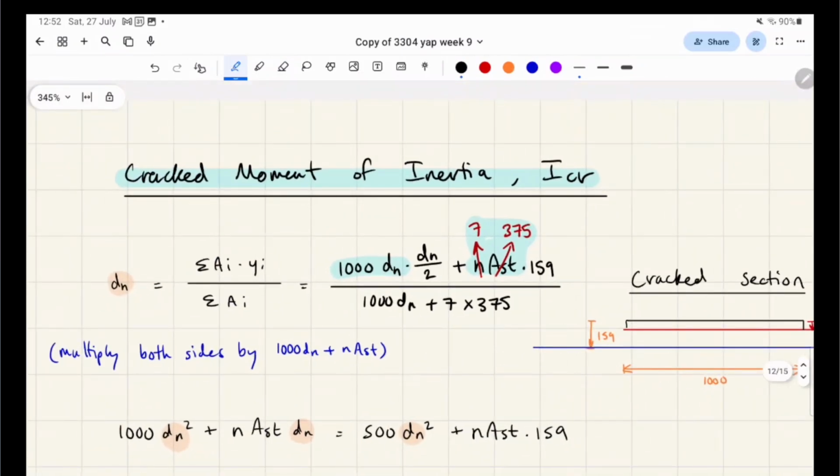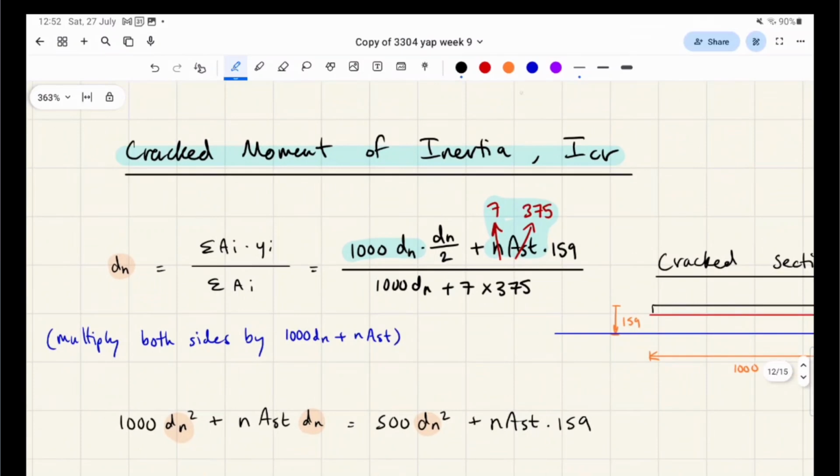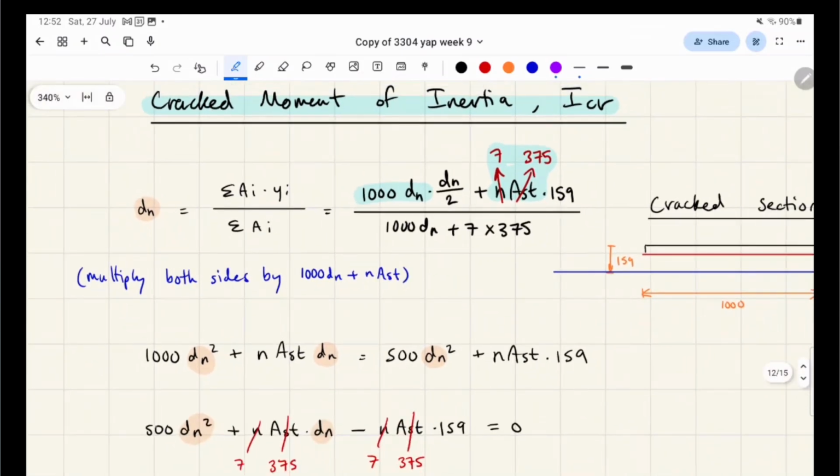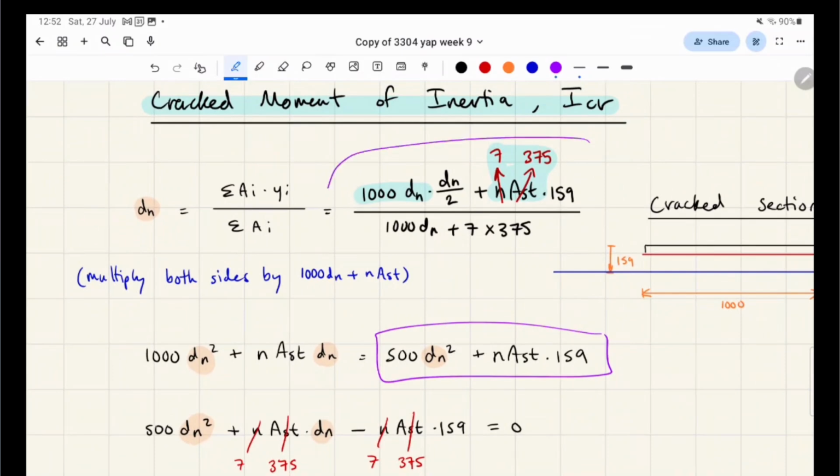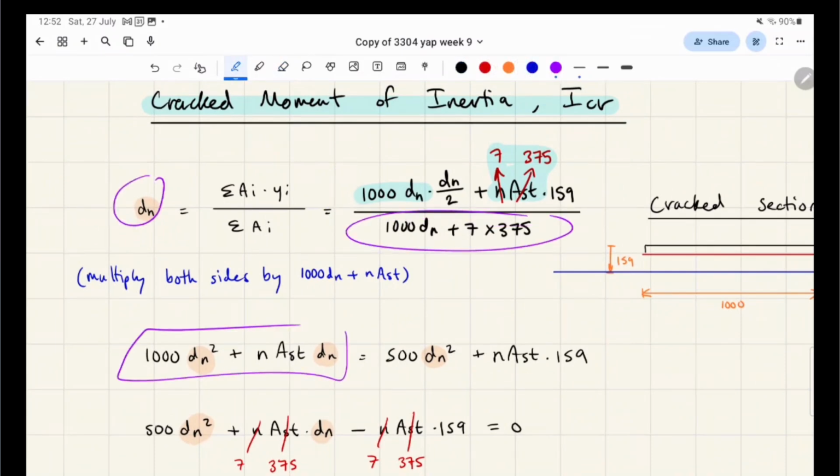So we multiply both sides by the fraction denominator, so that moves it across to the left, and then it ends up looking like this. And this is this multiplied by this.